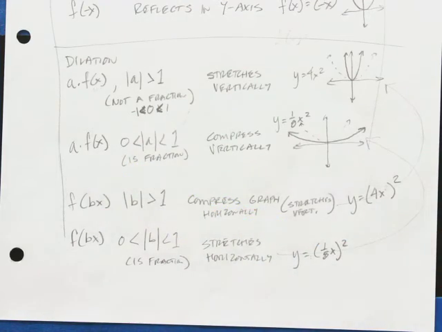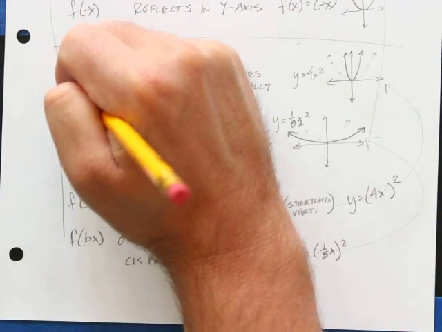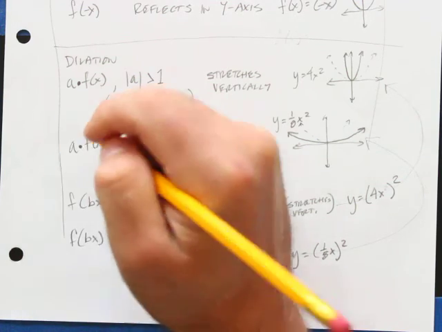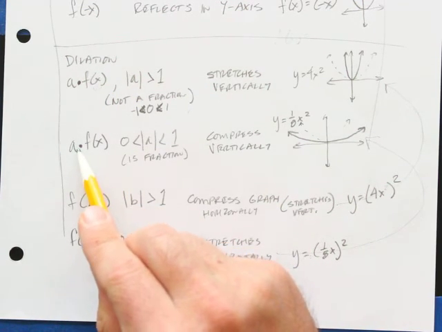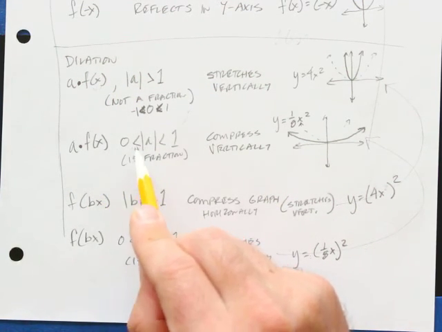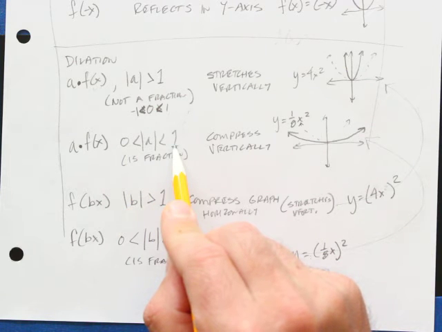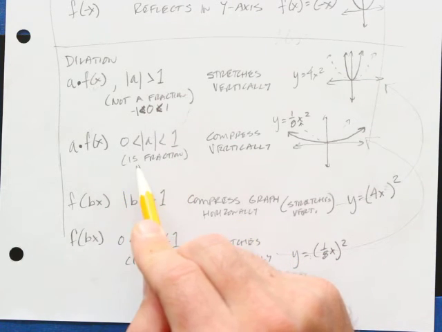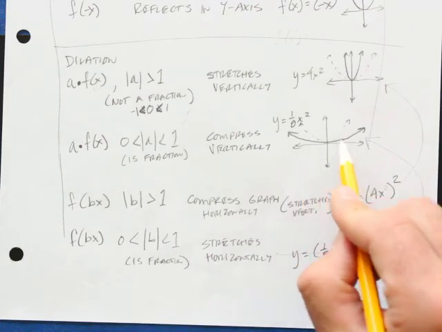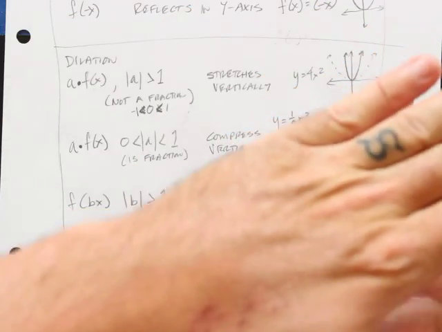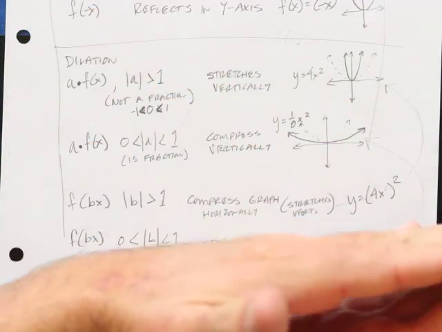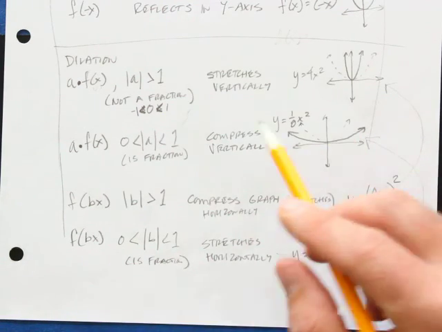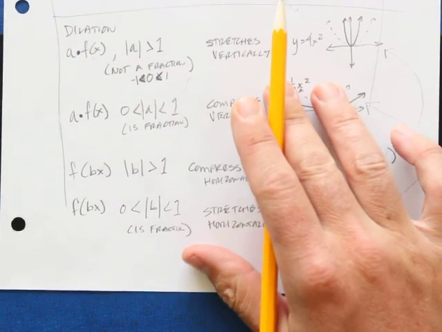If a is a fraction between 0 and 1, then it's going to compress vertically, or it gets flatter. Okay, next.